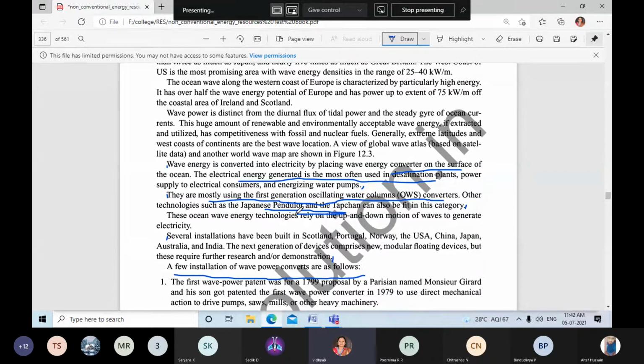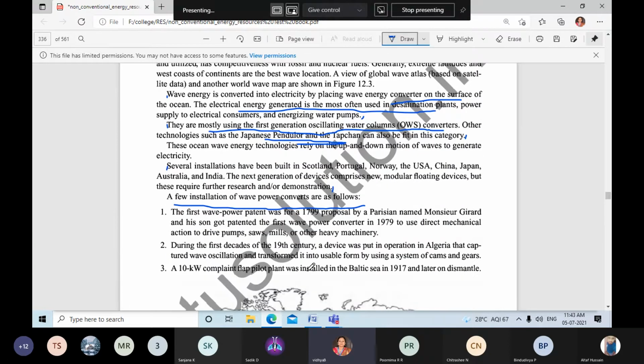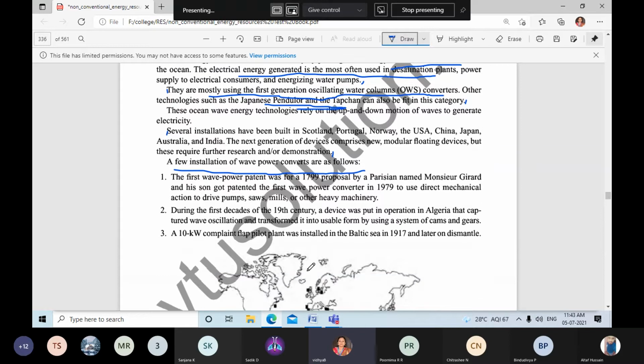Different types of technology are used for converting ocean wave energy to electricity. A few installations of wave power converters are as follows; one by one we shall discuss them.